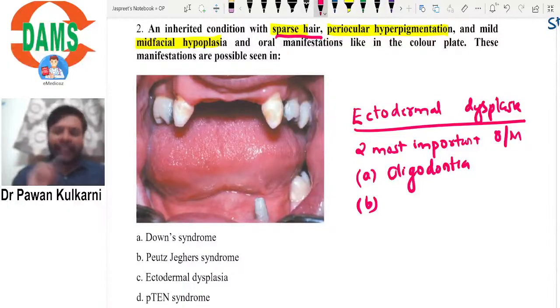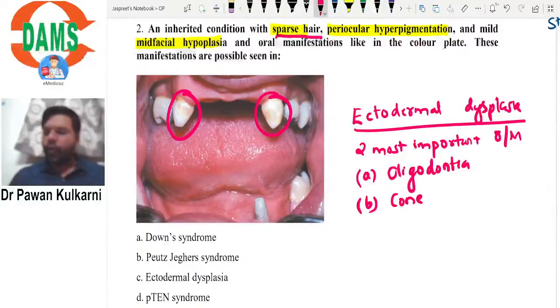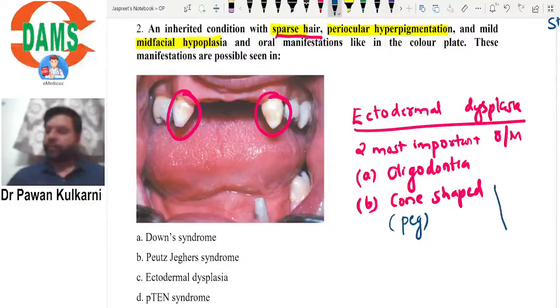And whatever teeth are there, look at the shape of this. Typically, they are conical or cone shaped, which is also described as peg shaped. Okay, so in ectodermal dysplasia, the two most important oral manifestations are oligodontia and peg shaped or cone shaped teeth.